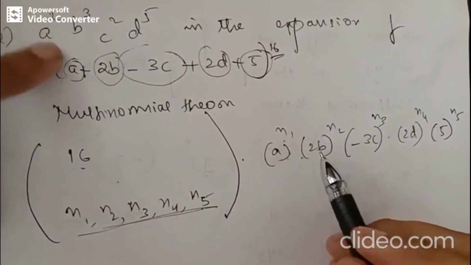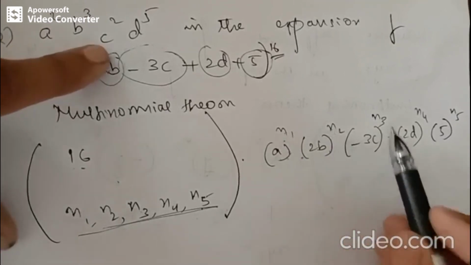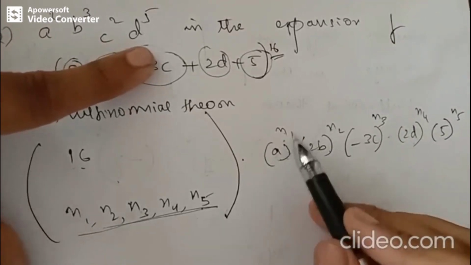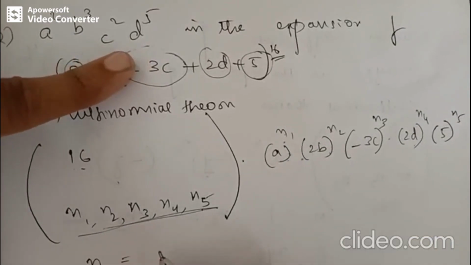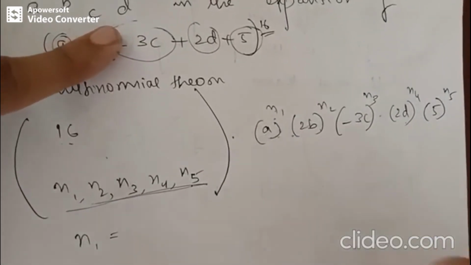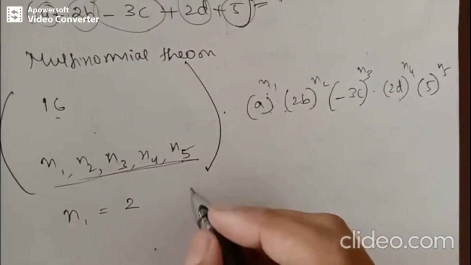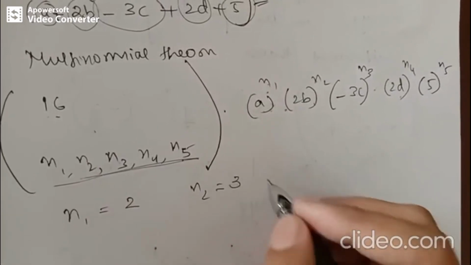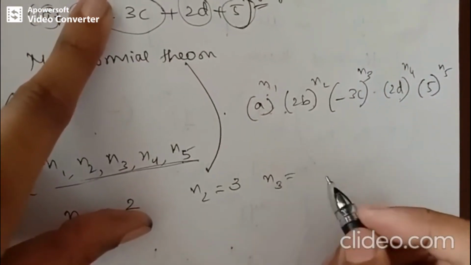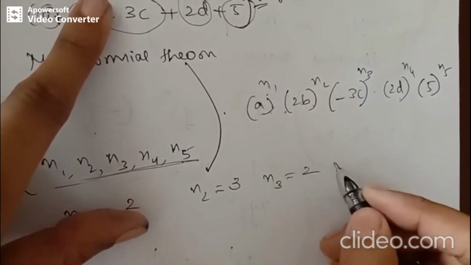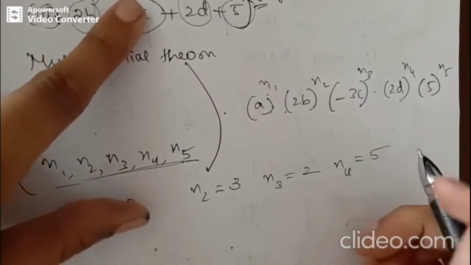What we need to get is the coefficient of a square, b cube, c square and d5. So let us substitute the values of n1, n2, n3, n4 respectively. Let n1 be 2, since we want a square, n2 be 3, since we want b cube. Next is c square, so what should be the value of n3? It should be 2. What should be the value of n4? n4 has to be 5.